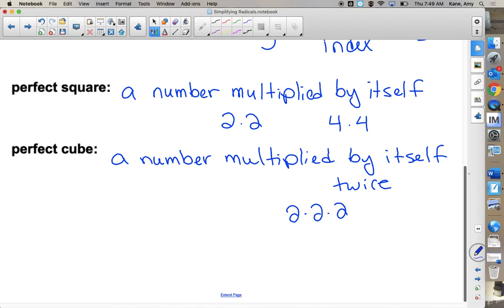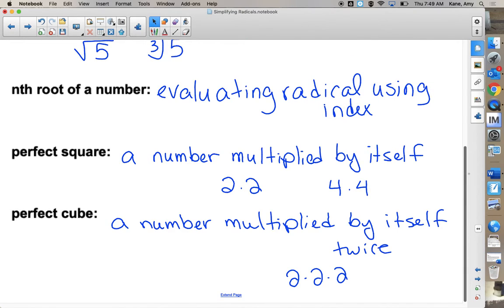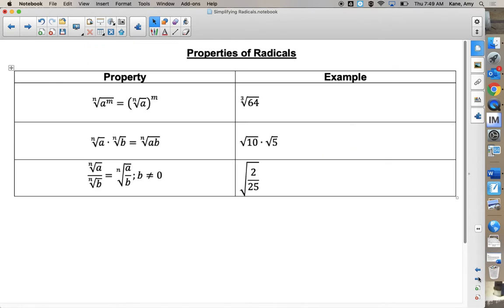So at the bottom, there are properties. And those properties help us break down or simplify radicals. And we have a product property, a quotient property, and then a power property.